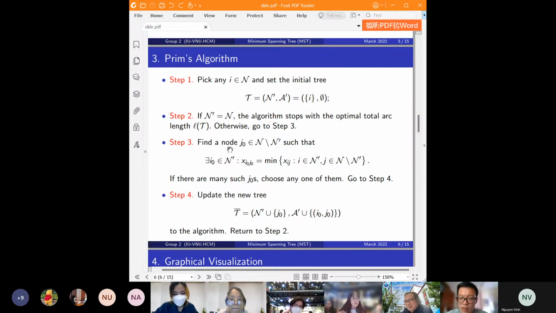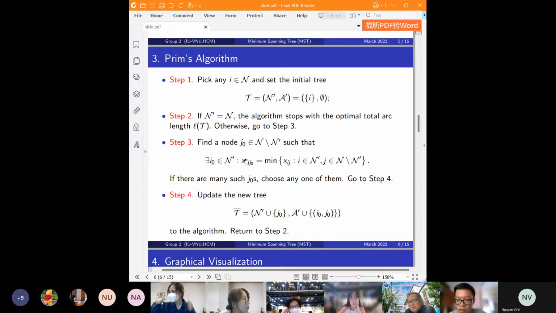The method that we use to add a node to the current tree is that we consider all the nodes that are not included in the tree yet. Then we consider the distance from those nodes to the tree.